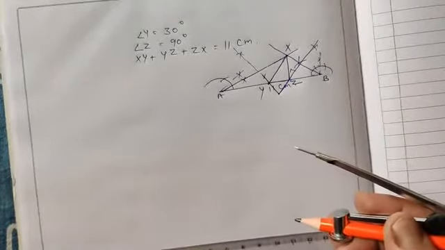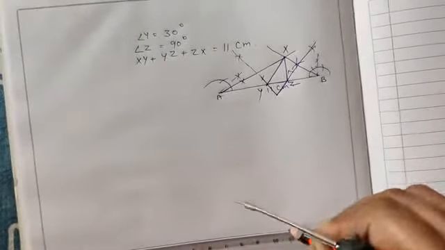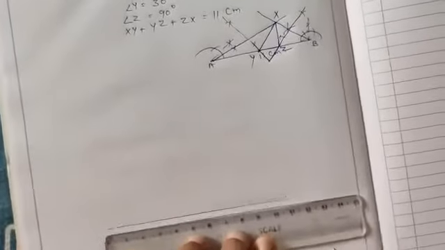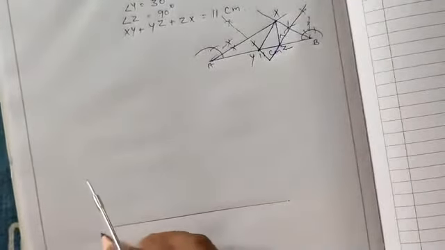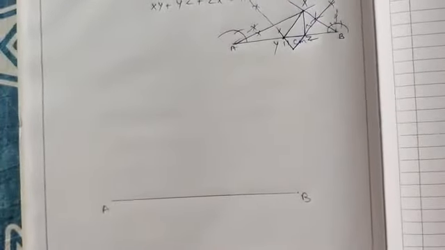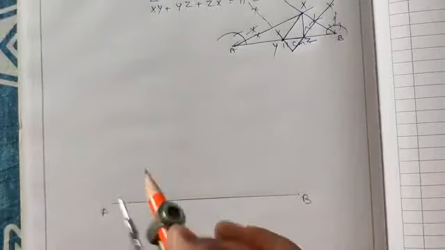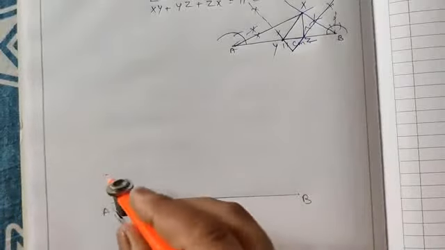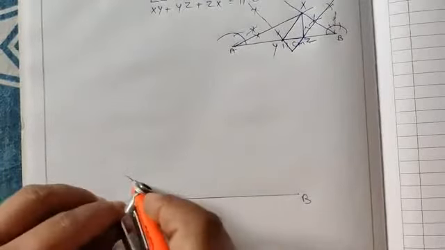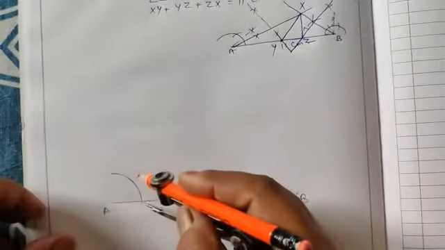Now, draw a perimeter of 11 centimeter. This line is AB, 11 centimeter. At A, make an angle 30 degree and half of 30. If 30 degree is given, it means the half of 30.